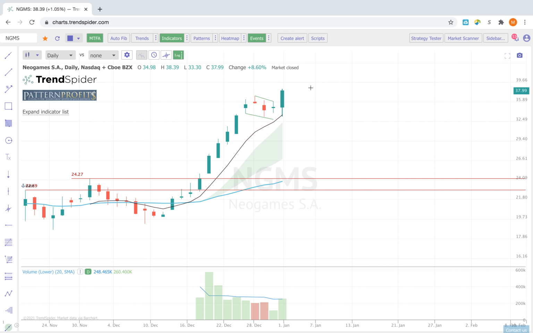Maybe it comes up further and does that again, but it's very hard to grab this at, say, 36 in this area and hold it as it comes down to 32 and 33 here. You're most likely going to get shaken out.